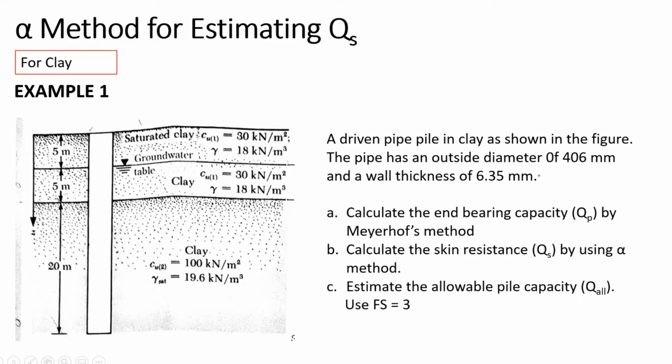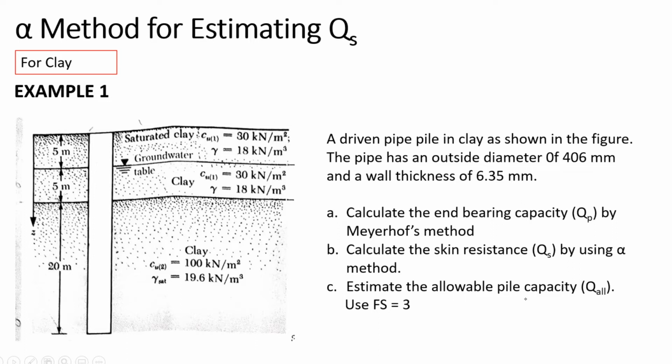The pipe has an outside diameter, so we know that the cross section of this pile is circular, and the wall thickness is 6.35 millimeters. Calculate the end bearing capacity Qp by Meyerhof's method, and then calculate the skin resistance Qs using the alpha method just now. Then you can estimate the allowable pile capacity.